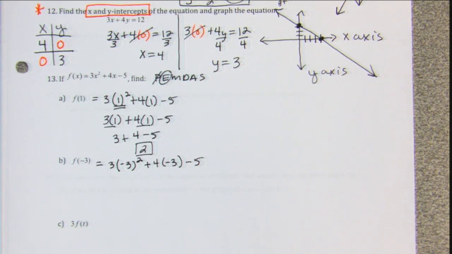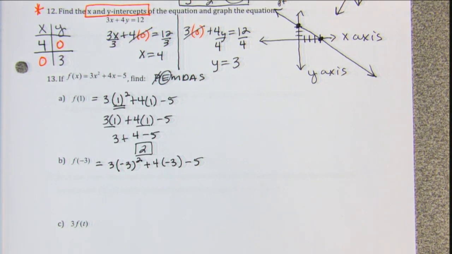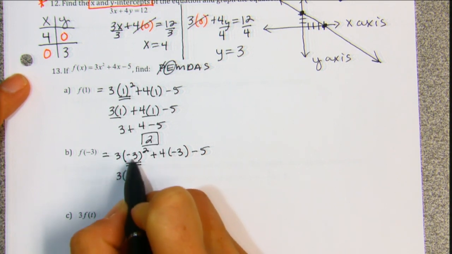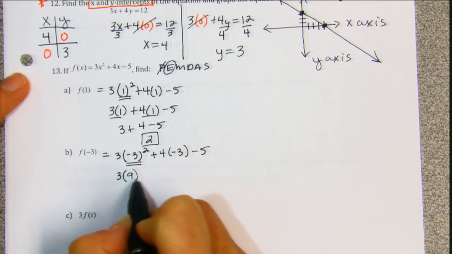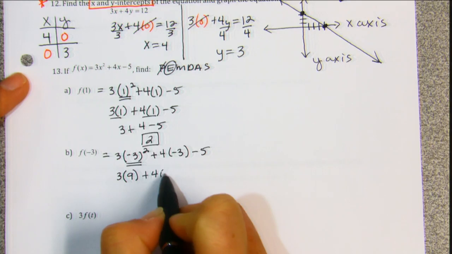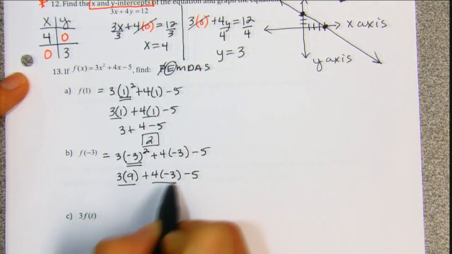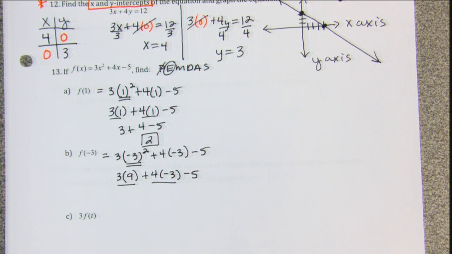Again, PEMDAS, just way back when we learned that a long time ago. Make sure you do this first. So negative 3 times negative 3 is 9. Then you can go do your multiplying. Again, I'm okay with you using your calculator.